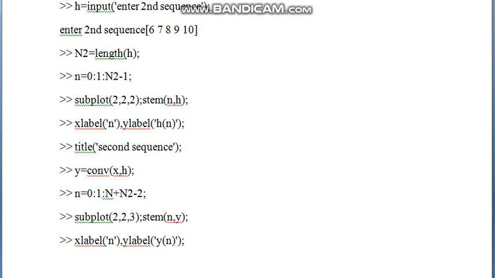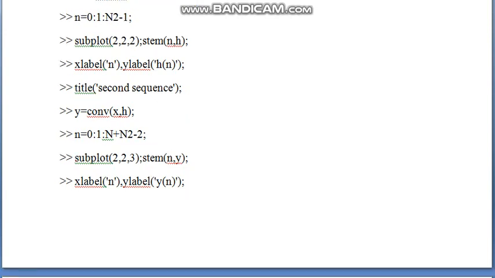Here the number of samples in sequence y will be N plus N2 minus 1. If I want to plot it, I will define the time parameter n, which will start from 0 and end at N plus N2 minus 2. So the total number of samples will be N plus N2 minus 1. So n will go from 0 to N plus N2 minus 2 with an interval of 1.